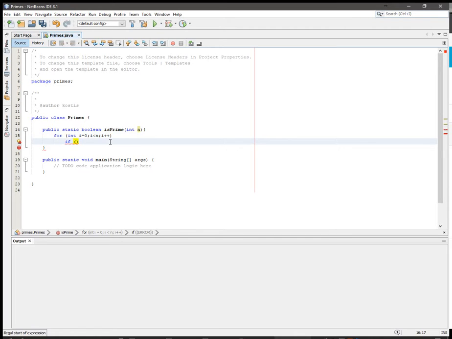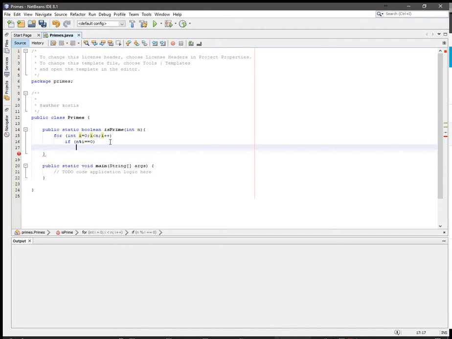How am I gonna do that? I will not do the division. Sorry, I will not do the division, I will do the modulo of the division, which is the remainder. So therefore, if the modulo is 0, i divides n perfectly, which means that the number we are looking for is not prime, so we return false.